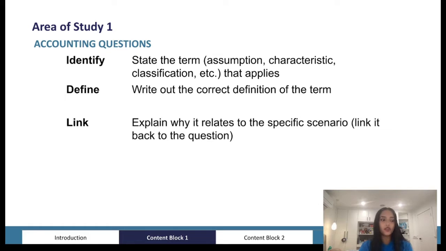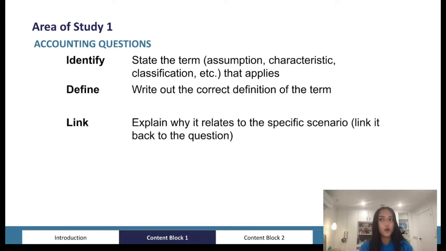And then just in general, definitions are super, super important in accounting. It's pretty much impossible to get full marks on pretty much any theory question if you don't know your definitions. And a lot of the easier theory questions are just referring to one qualitative characteristic.